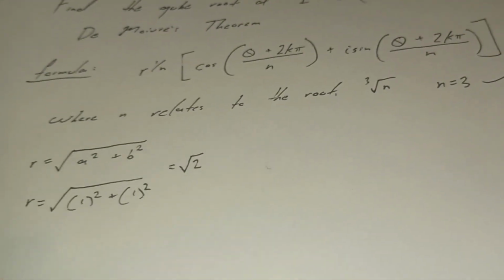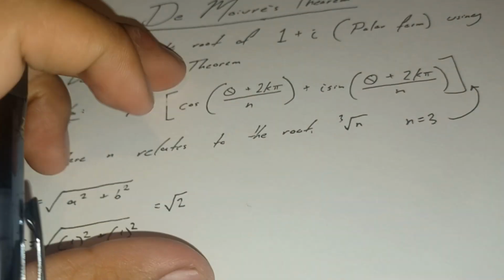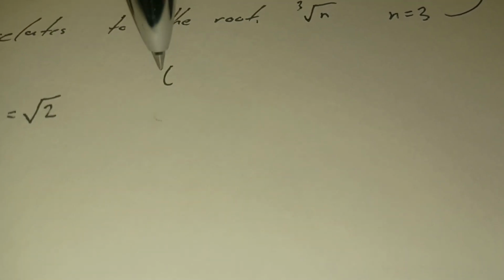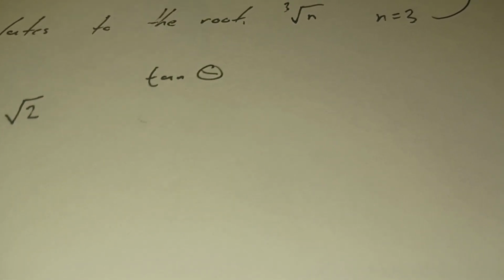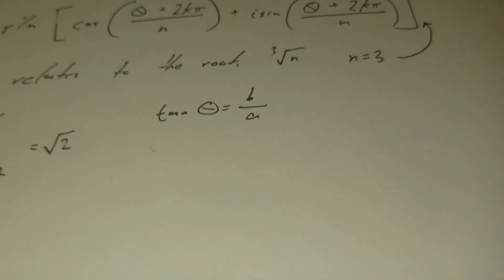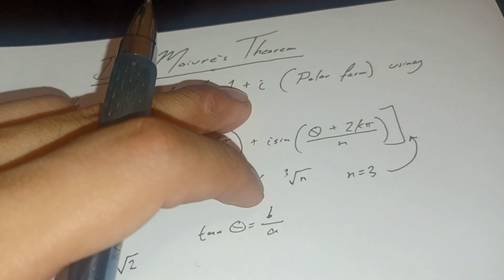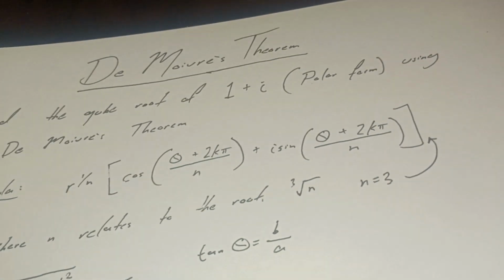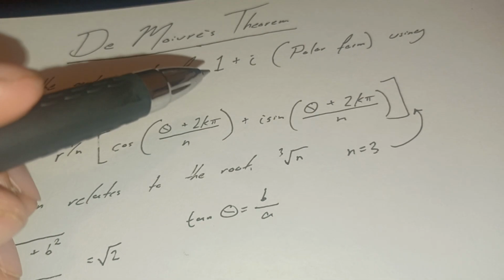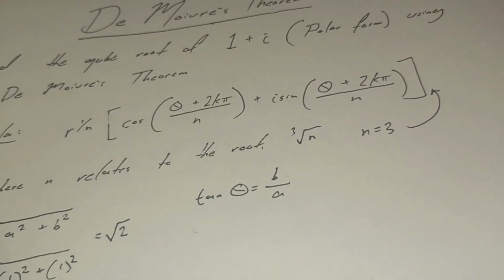What else do we need? We need to find our angle, our theta. In order to find that, we use tangent. Tan of theta is equal to b over a. Our b is the invisible positive 1 in front of the i, divided by a, which is the 1 right here in the a position.